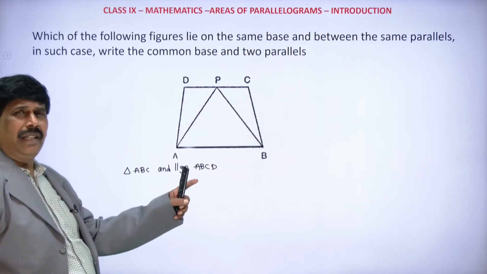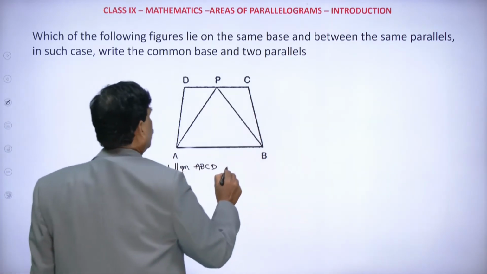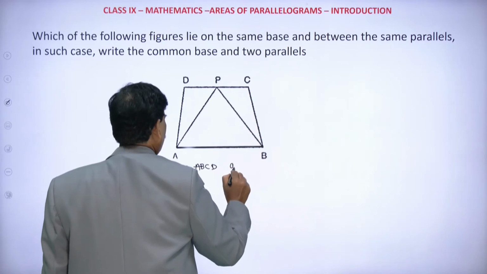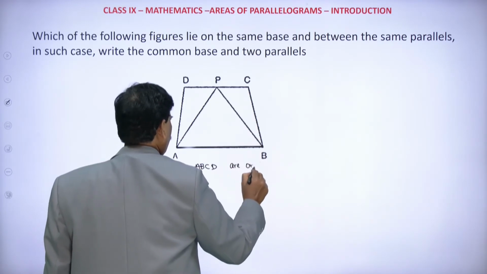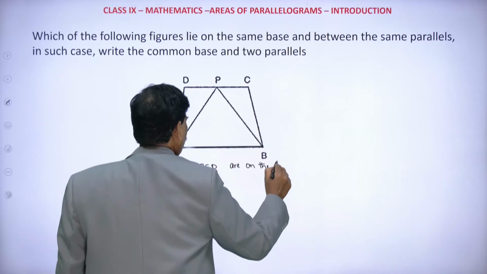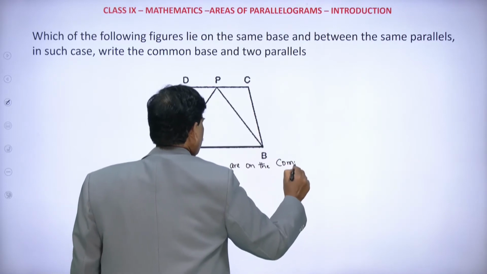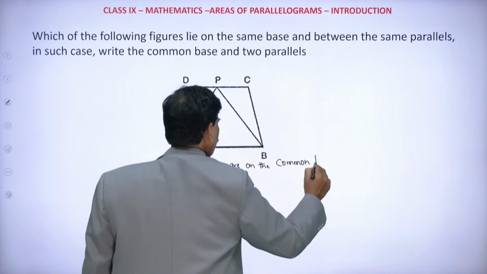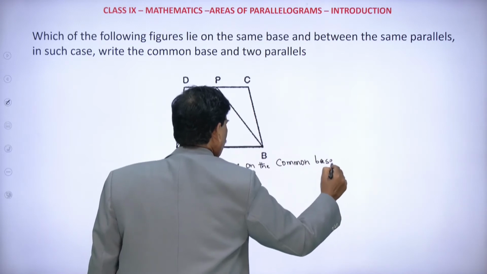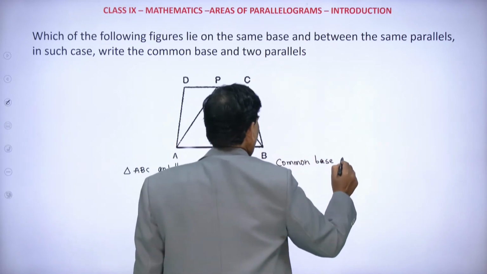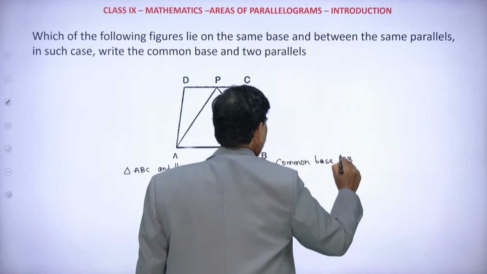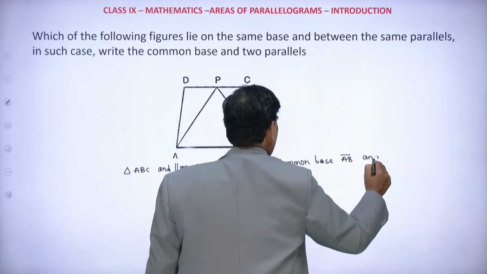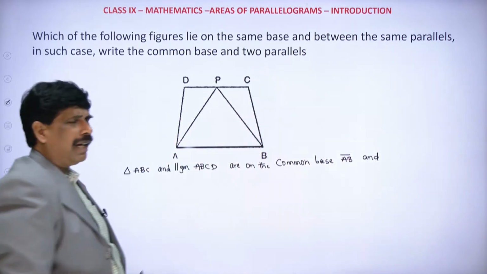Where are they? They are on the same base, or on the common base. What is the common base? They are on the common base AB. Are they between the same parallels?